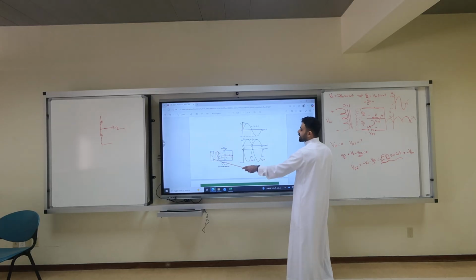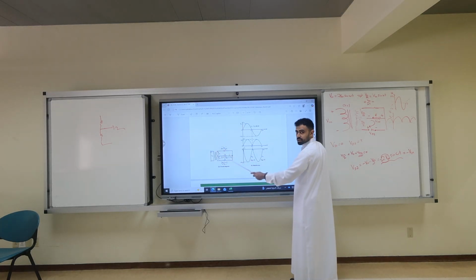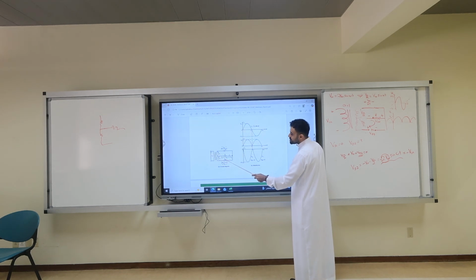During the positive cycle, this is short circuit, this is open circuit, right? If this is open circuit, I'm trying to calculate its voltage. It's Vs plus V output plus VD2 equals 0. So VD2 is Vs plus V output. But V output is equal to negative Vs, positive Vs during the positive half cycle.